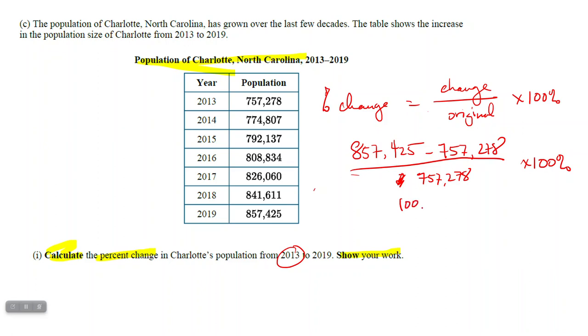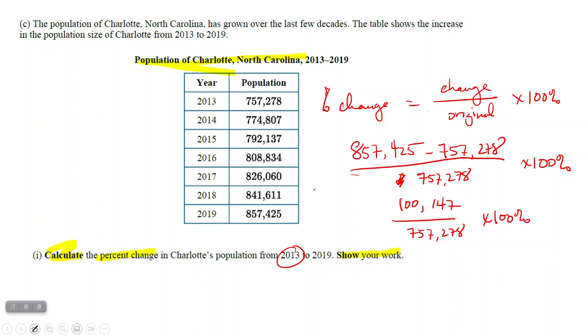This ends up working out to 100,147 divided by 757,278. You could put people, but for a population, since it's going to end up a percent, I don't think it's going to be as big a deal if we don't have the unit.